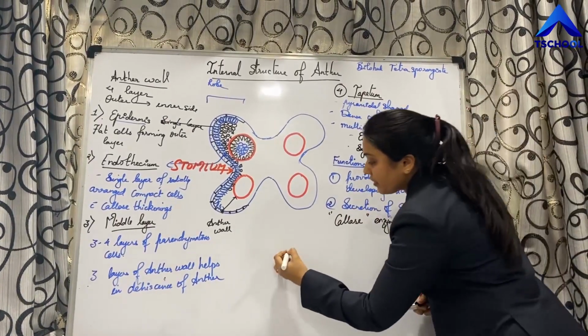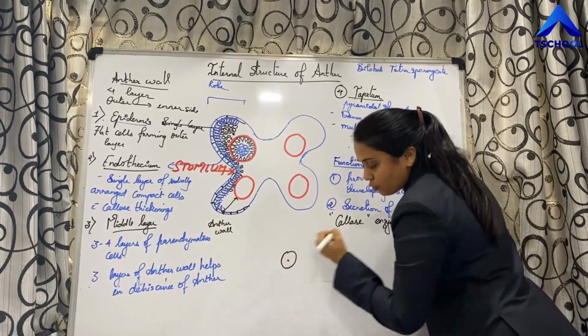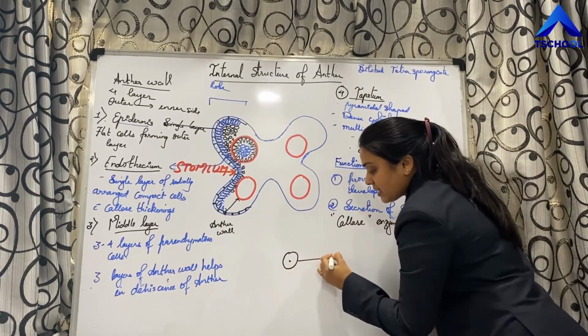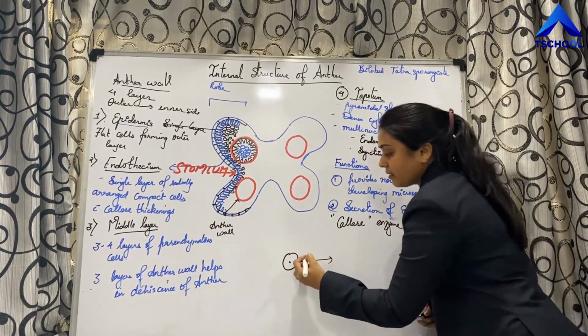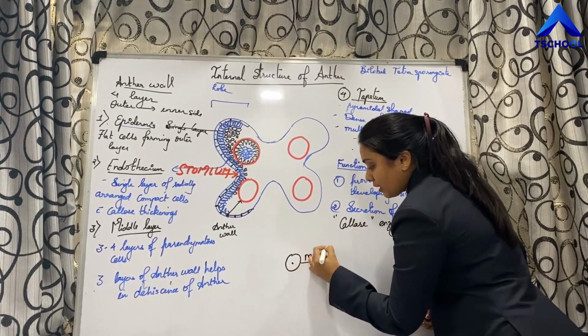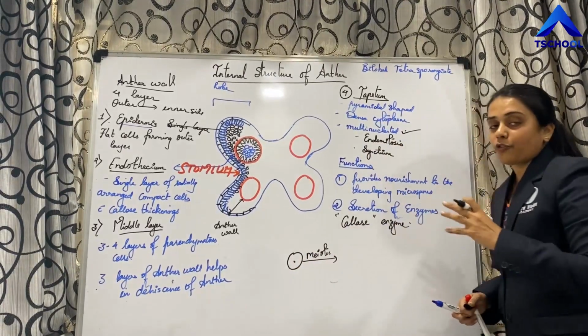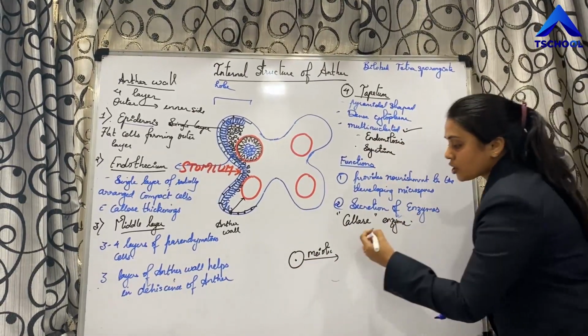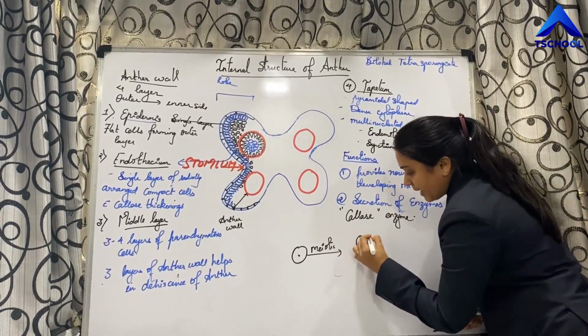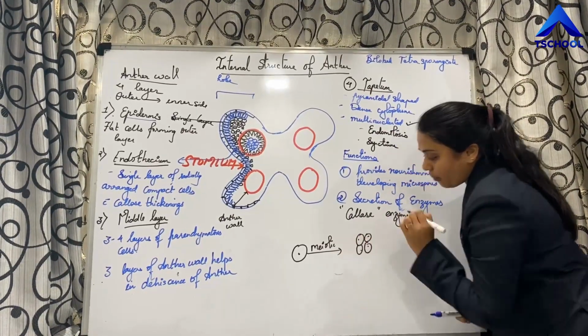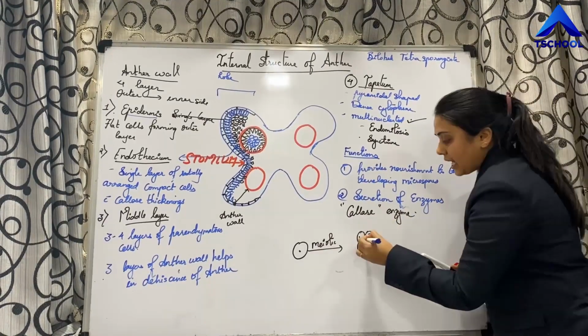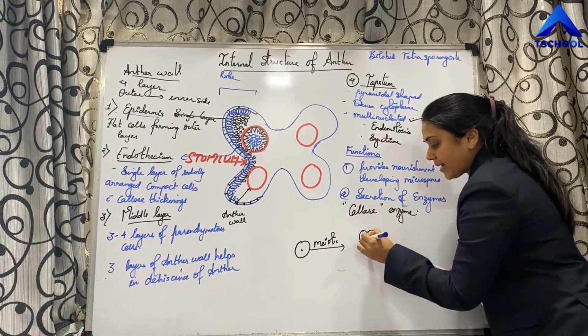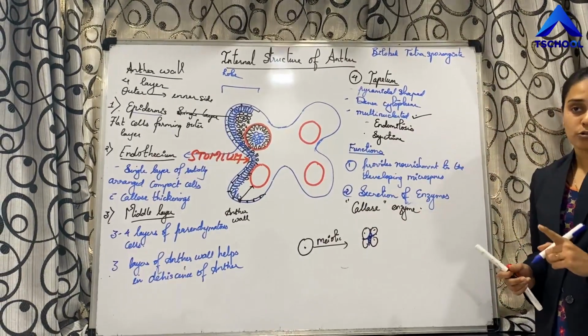Say for example, this is a single microspore mother cell. When this single microspore mother cell undergoes meiotic division, it forms 4 microspores. Say these are the 4 microspores which are formed. These microspores are first of all glued together by callose, right?